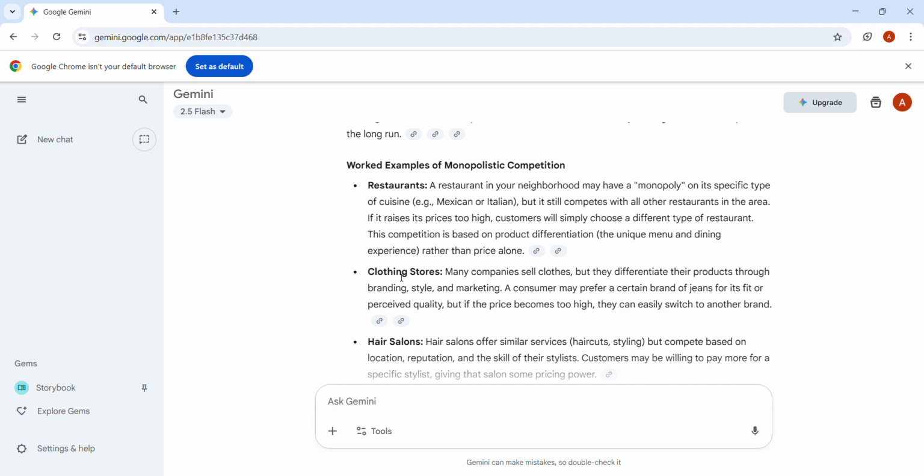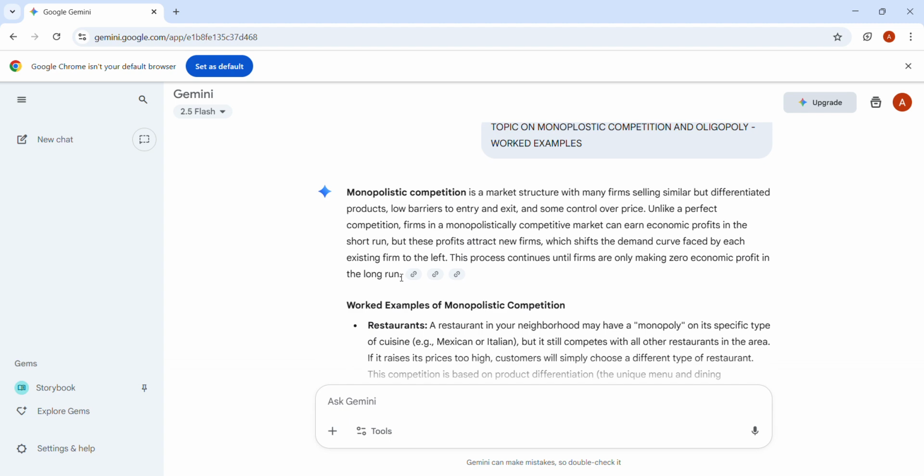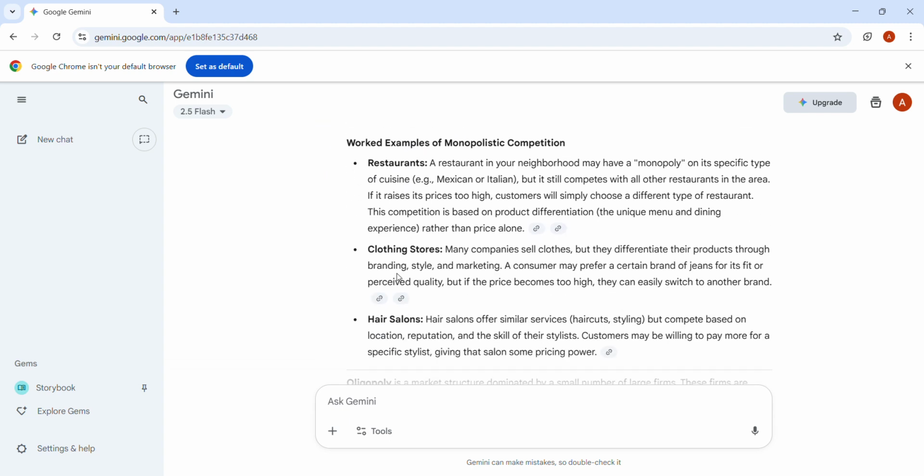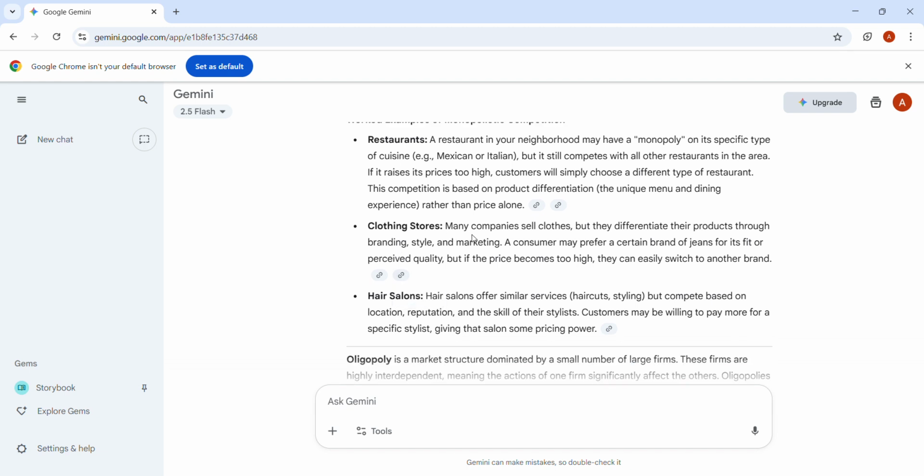So now let's move on to the discussion. We talked about monopoly. A real-world example is also given here: clothing. These clothing are differentiated in their products through branding, style, and marketing. Same clothing, made from the same material, but with different brand names.